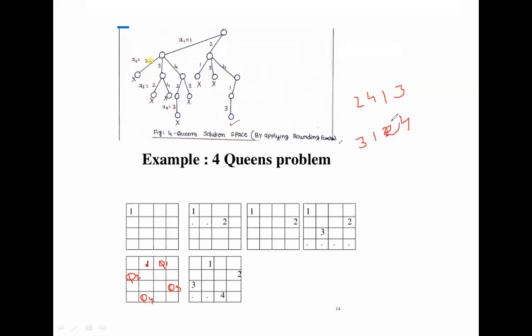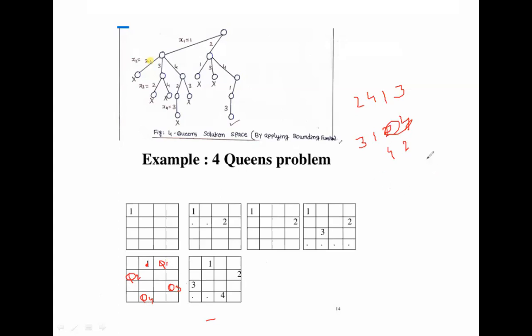Q1 in the third column, Q2 in the first column, Q3 in the fourth column, Q4 in the second column. So this is our final solution.